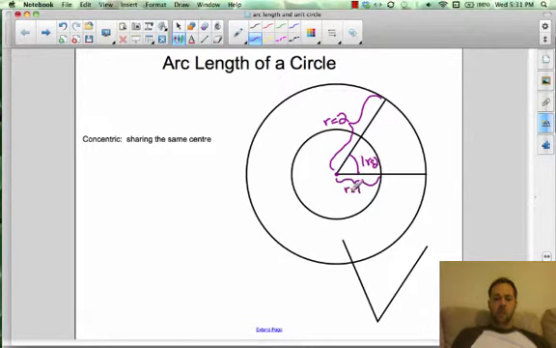Now from yesterday's lesson, we learned that if the radius of this smaller circle is exactly 1, and the central angle here for this circle is exactly 1, that means this arc length from this point to this point along the edge of this smaller circle must be, what's your guess?